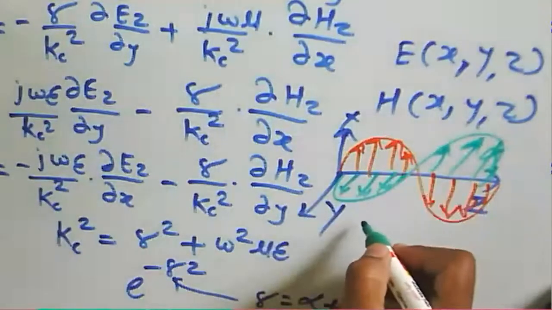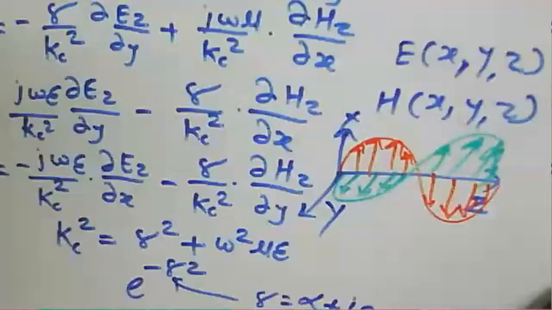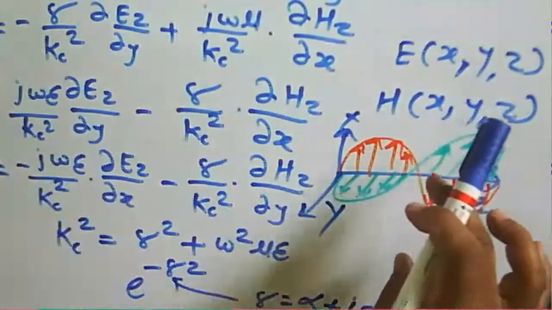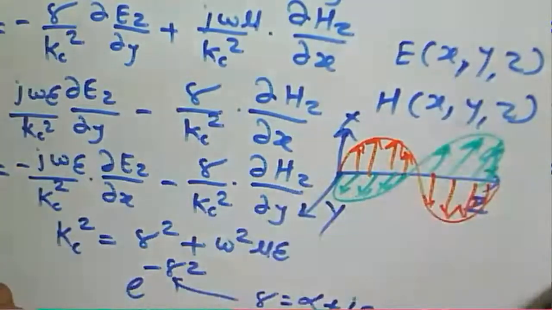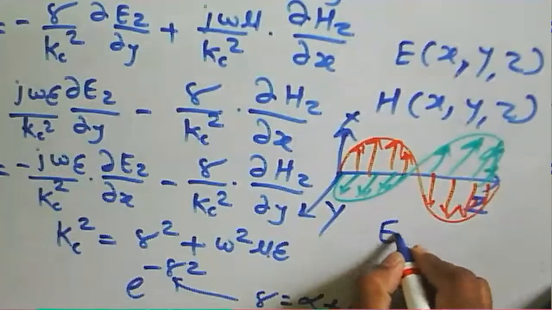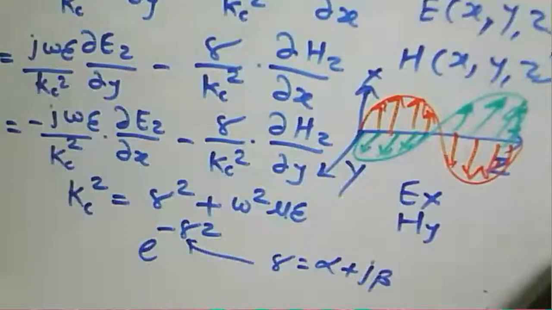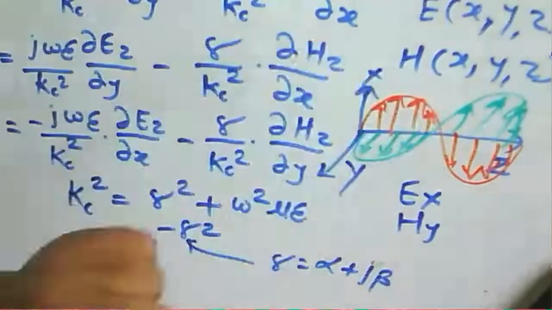Electric E and H component. So the common thing is that the wave is propagating in the z direction. From this waveform, it has an electric field component in the x direction and a magnetic field component in the y direction, as we see from this diagram.